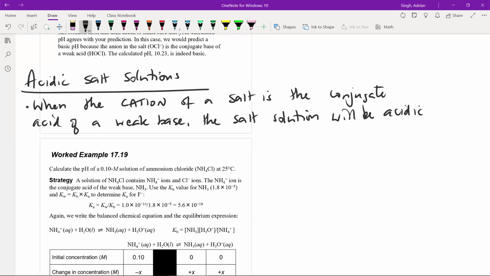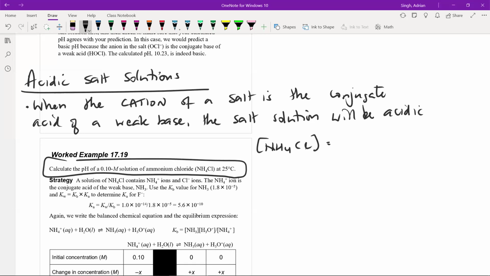So for example, we want to calculate the pH of a 0.10 molar solution of ammonium chloride, NH4Cl. This is an ionic compound because it has the ammonium ion and the chloride ion. It's a salt, and it will dissociate completely to give NH4 plus and Cl minus.